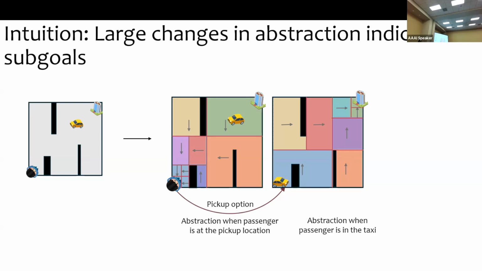That gives us a cue for inventing an option, so we can invent a pickup option there. Also, I'd like to point out that this would fall into a model learning space, as Matthew was describing, because we're learning these abstractions and then using them. So we don't have a full model. We're learning sort of a partial model, which can be represented in the form of abstractions.